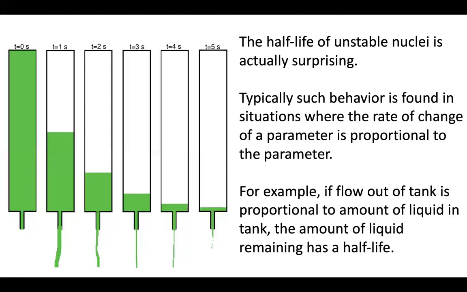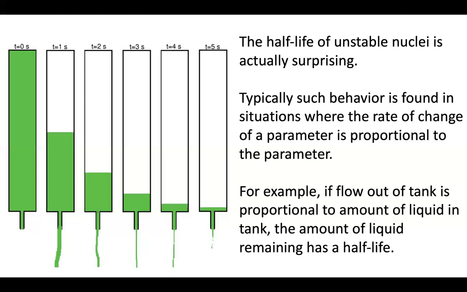And again, this is math that is beyond the scope of this course. But this sort of behavior naturally occurs when the rate of change of some parameter depends on the value of the parameter itself. In those sorts of cases, half-lives just appear.